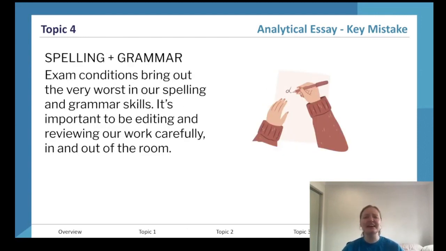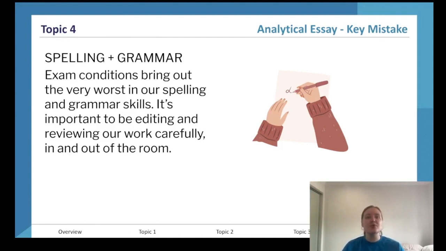Then finally, spelling and grammar. It is just typical that exam conditions are going to bring out the very worst in your spelling and grammar. This is a sad fact of life. I have definitely suffered from it myself, but you don't want these things to be the things that are marking you down.